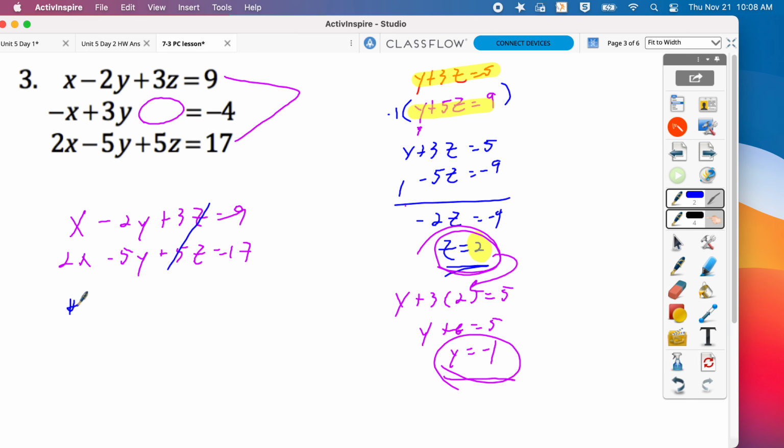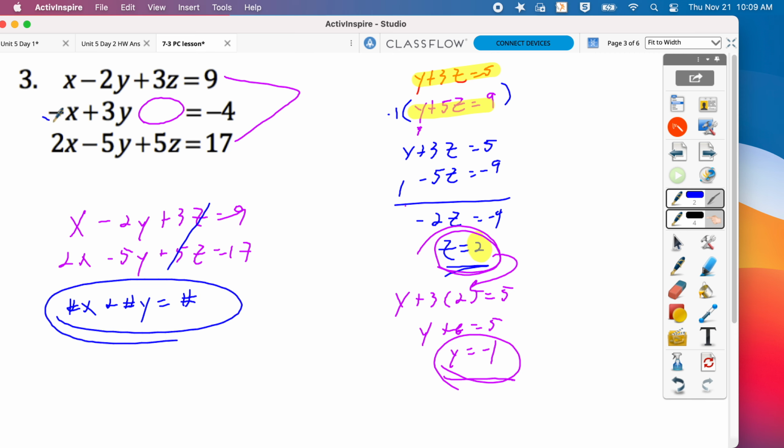Then I'm going to have some number x plus some number y equals a number. Just go through the process, eliminate the z's. If I do that, I can use this x and y equation and that x and y equation, like we did last night for homework, to eliminate and find either x or y. And then you can work your way back.